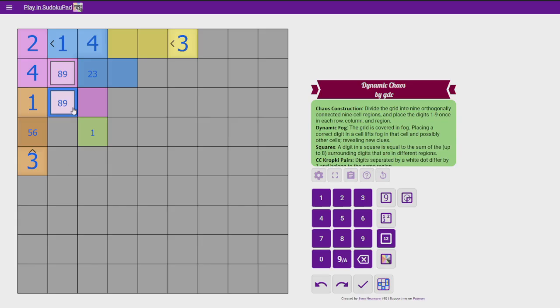Then this would be a 9, and this would be an 8. No, that would be fine, actually. Is that right? 1, 1, 4, 8, yeah. And then it would go 1, 3, 8, 9. Okay, yeah, that would work.